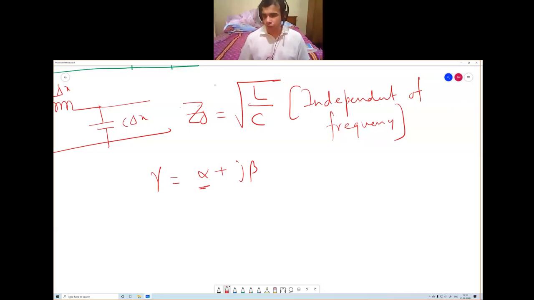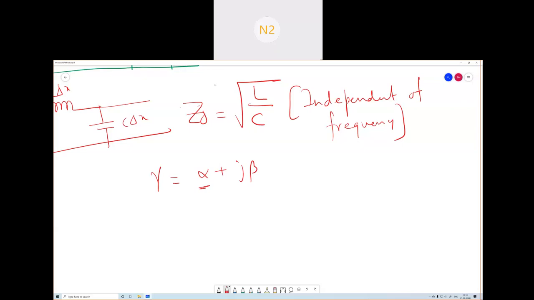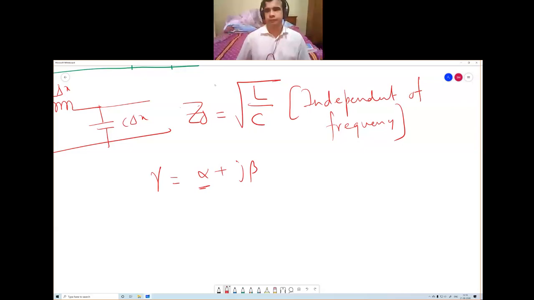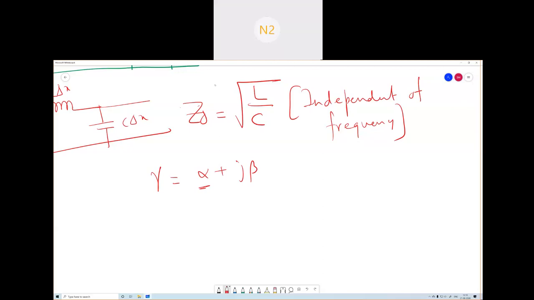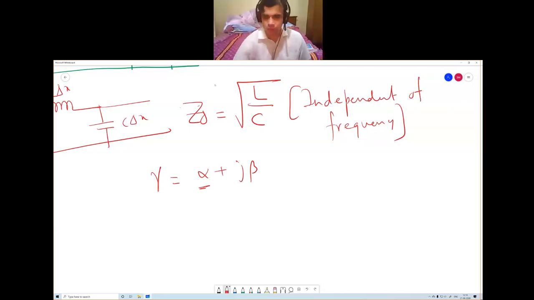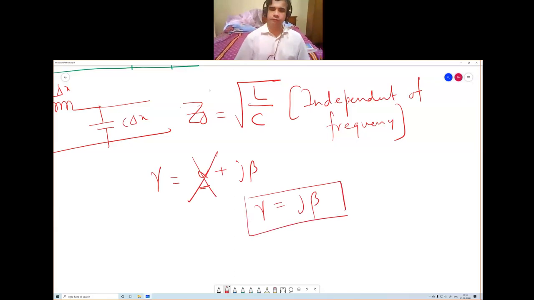Now, if there is no loss in the line, will there be an attenuation? No. So this also goes out. So gamma is now a totally imaginary number given by j beta. For a lossless line, alpha is 0, so gamma is j beta. Fine? Understood?